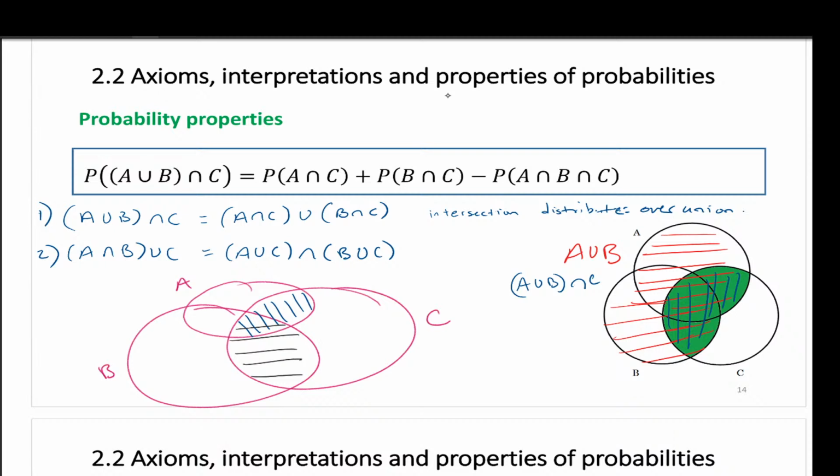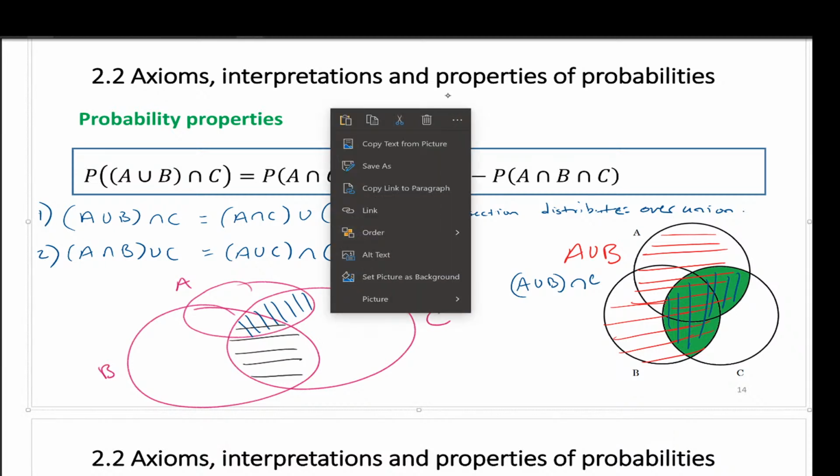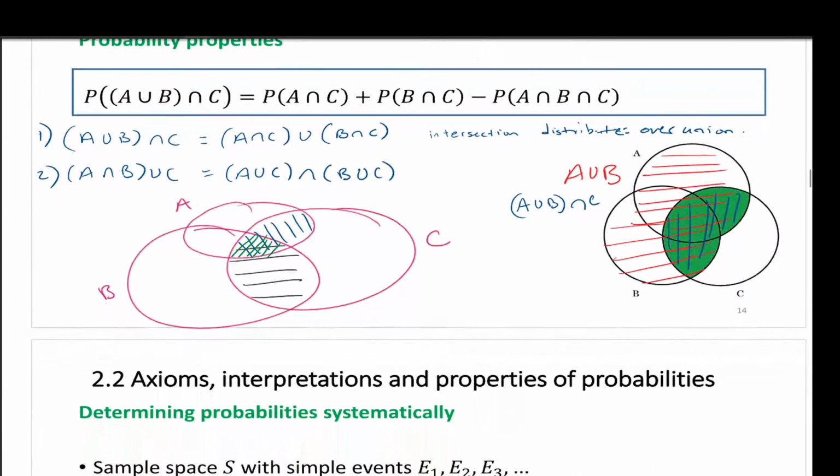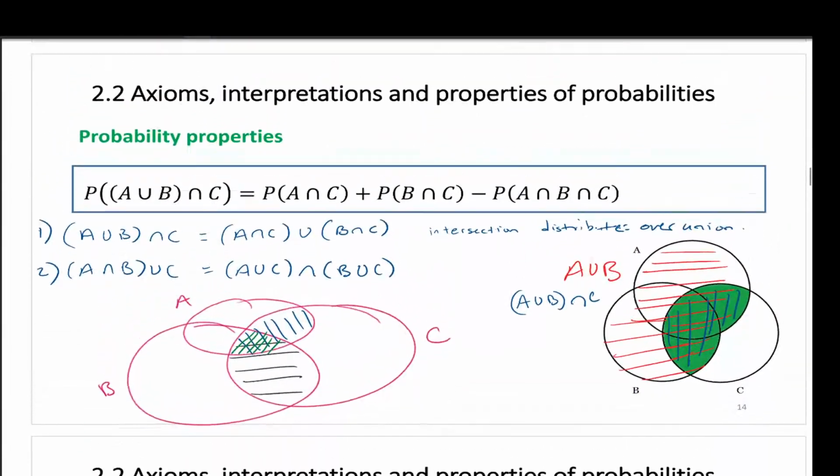And then I need to subtract away 1 time this portion in the middle. So you could do that. Or you could say, okay, well, A union B intersects C by property 1 is A intersects C union B intersects C. And then I can use the property of the unions to derive it. So that was basically like the previous property.